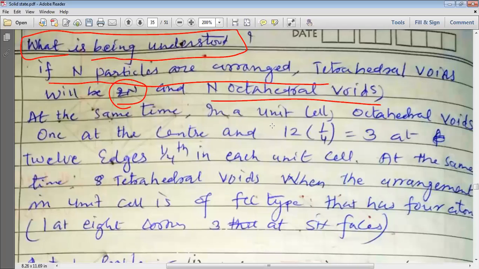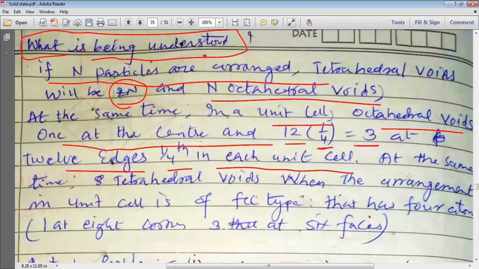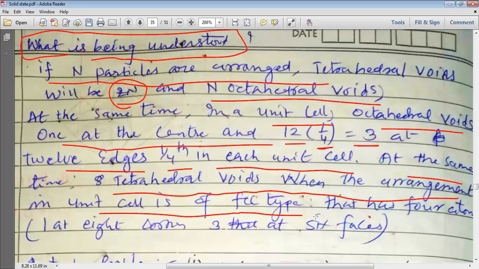At the same time, in a unit cell, octahedral voids: 1 at the center and 12 multiplied by 1 by 4, that is equal to 3 at the 12 edges, that is 1/4 in each unit cell. At the same time, 8 tetrahedral voids when the arrangement in the unit cell is of FCC type, then that has 4 atoms, that is 1 at 8 corners and 3 at 6 faces.